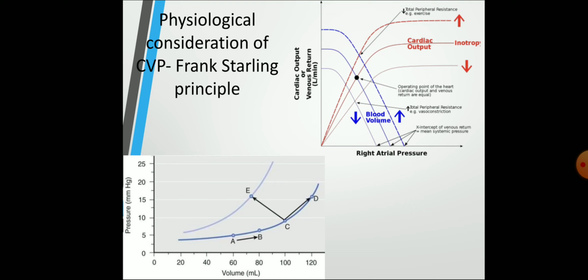So the Frank-Starling law says that the more blood enters the ventricles, the more the muscle fibers stretch, and the more the muscle fibers stretch, the more the contractility of the heart.